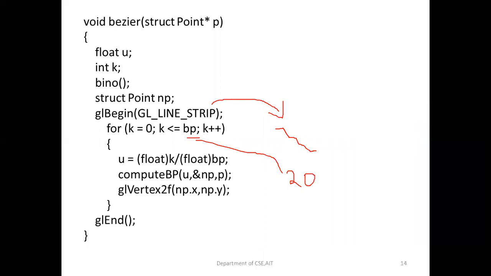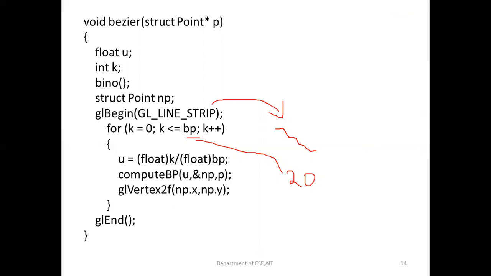So Bezier is a function which will take the control points P0, P1, P2 and P3 and it is going to compute the line strip. So GL line strip means it is a set of lines. How many line strips are drawn here? It depends upon BP and we know BP value is equal to 20. So 20 lines will be drawn to make up the curve.